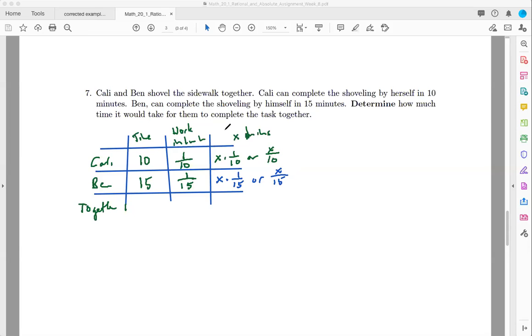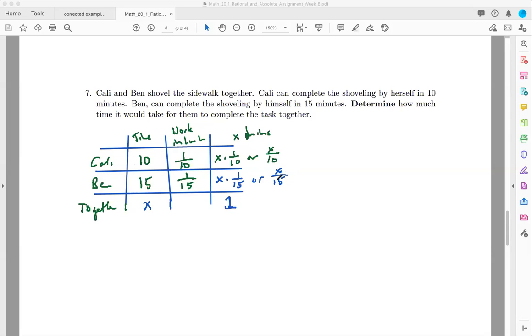Now, this x is the unknown amount of time that it took for them to do it together. Well, how much work would they have done? We're going to have to put things together. This is the amount of work that Callie has done.